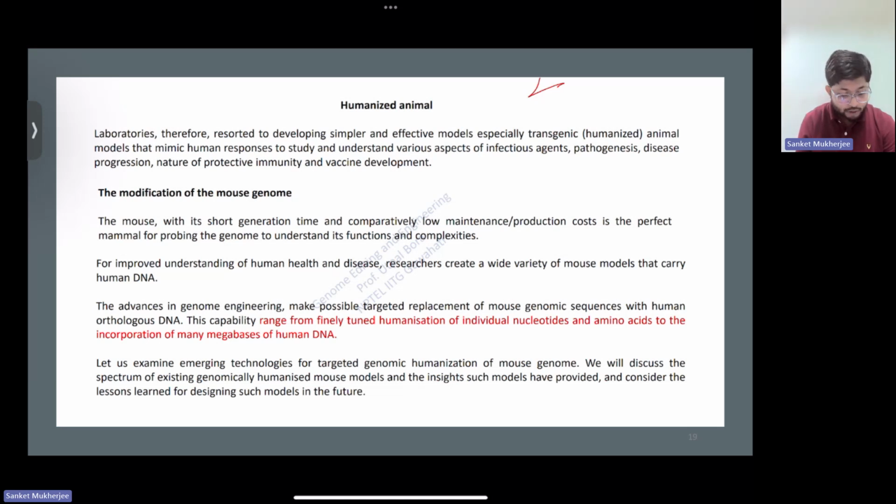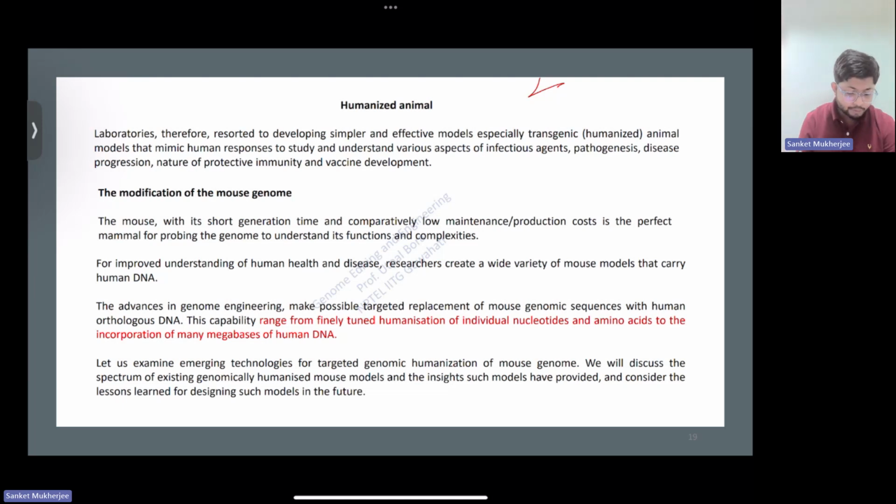So the modification of the mouse genome: the mouse has a short generation time and is a comparatively low maintenance animal. Its production cost is also low. It's a perfect mammal for probing the genome to understand its function and its complexity. For improved understanding of human health and disease, researchers have created a wide variety of mouse models that can carry human DNA.